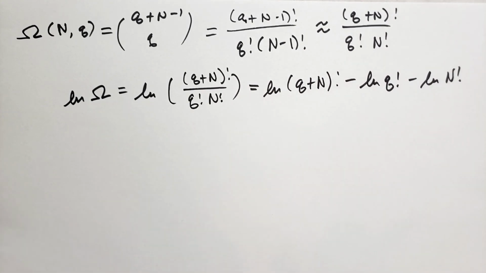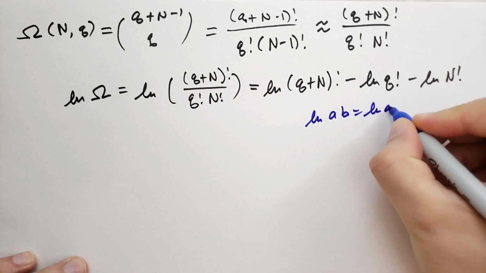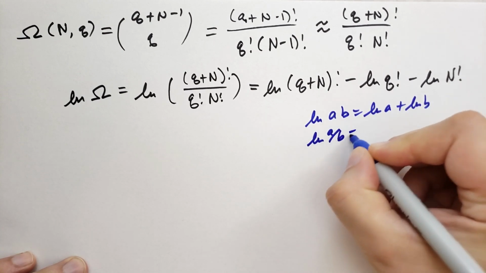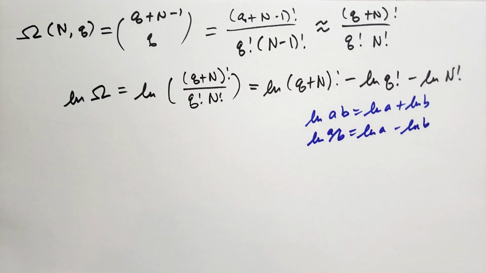And this is just basically because we know that log of a b is equal to log of a plus log of b, and log of a over b is equal to log of a minus log of b, okay? So we're subtracting the two factors in the denominator there.